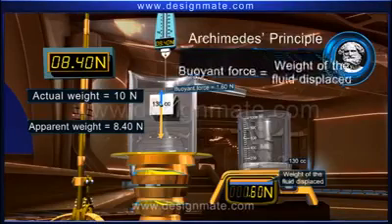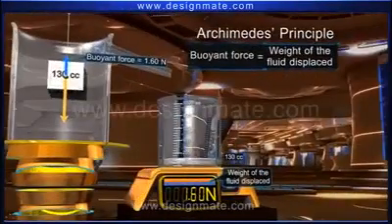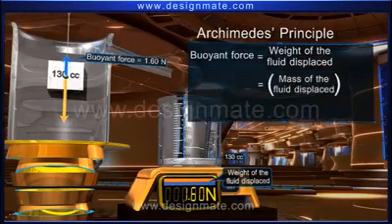It states that when an object is partially or completely immersed in a fluid, it experiences a buoyant force whose magnitude is equal to the weight of the fluid displaced by the immersed part of the object. Now, the weight of the fluid displaced is equal to the mass of the fluid displaced times the acceleration due to gravity, g.